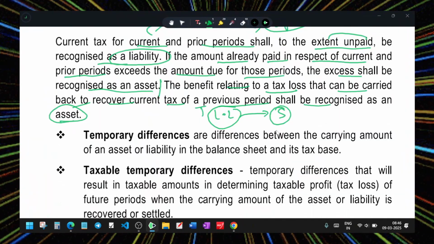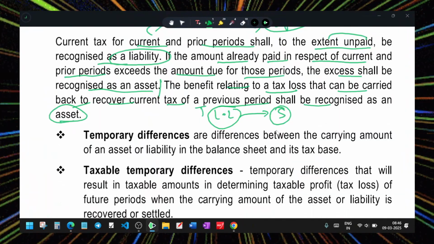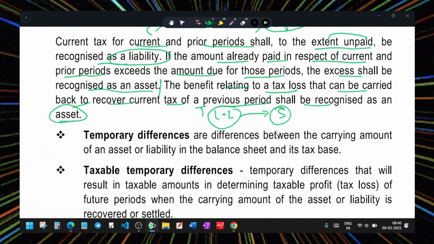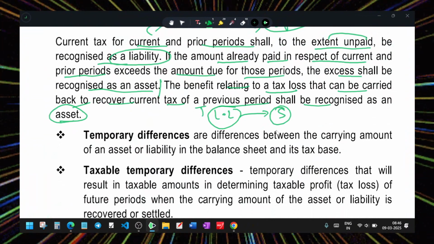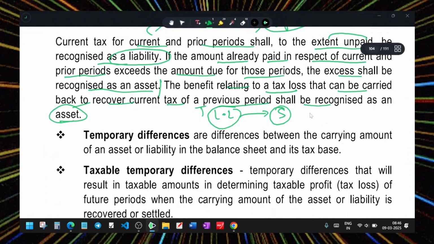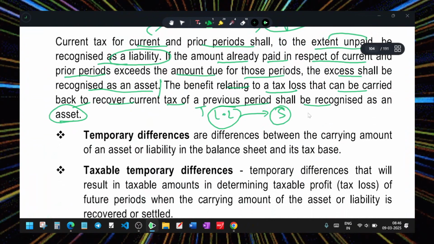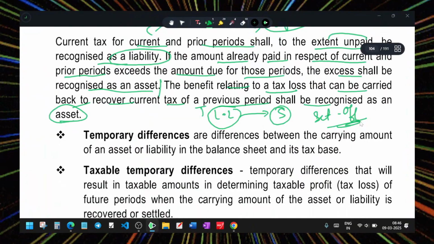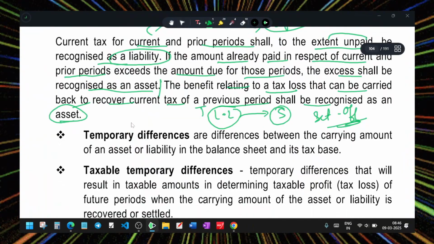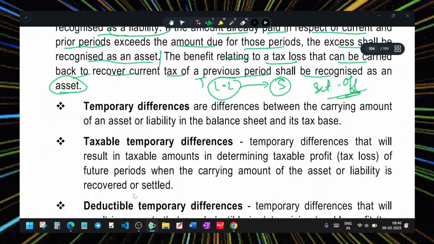In these 8 assessment years, if you incur any profit, that carried forward loss can be knocked off, or it can be set off. The set off provision is there now, and with the set off provision, the loss is an asset right now.